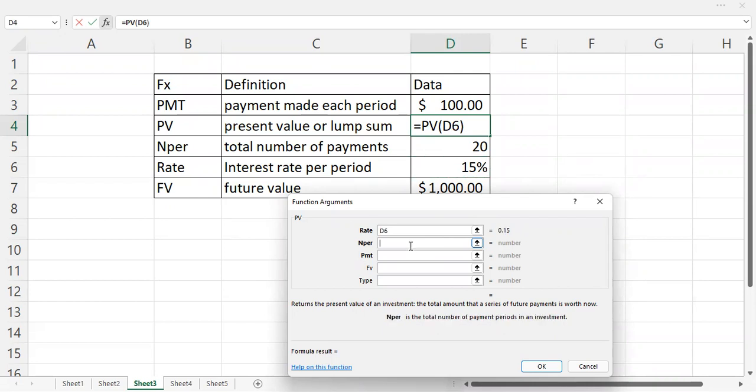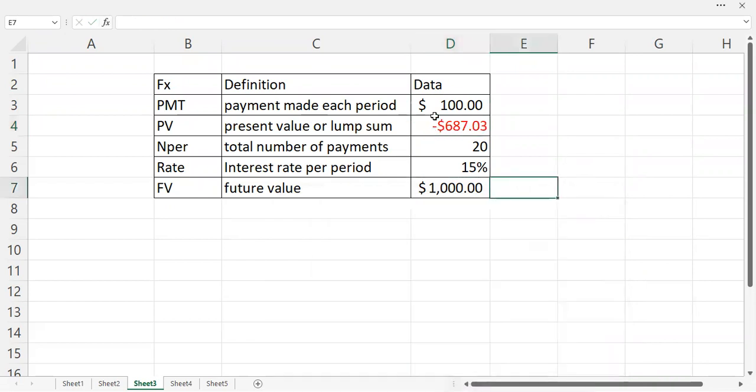The number of periods is 20. Your payment is $100, which is your coupon rate times par value. And your future value is $1,000, which gives us this. So largely the same answer.